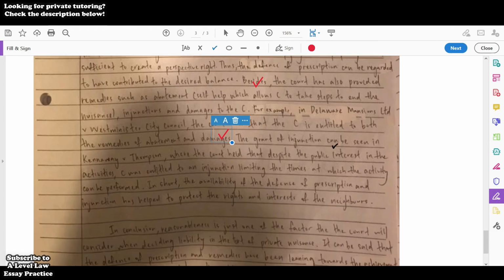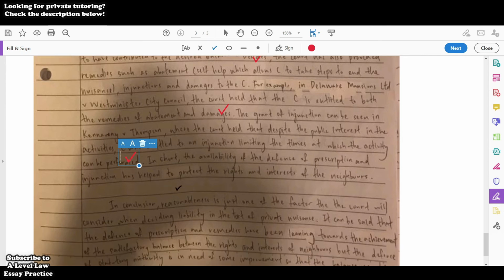The grant of injunction can be seen in Canaway versus Thompson, where the court held that despite the public interest in the activity, C was entitled to an injunction limiting the times at which the activity could be performed. In short, the availability of the defense of prescription and injunction has helped to protect the rights and interests of the neighbors. Good.